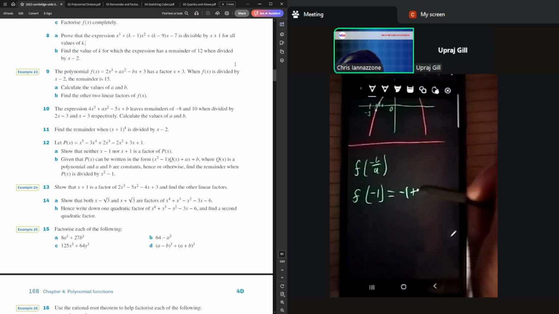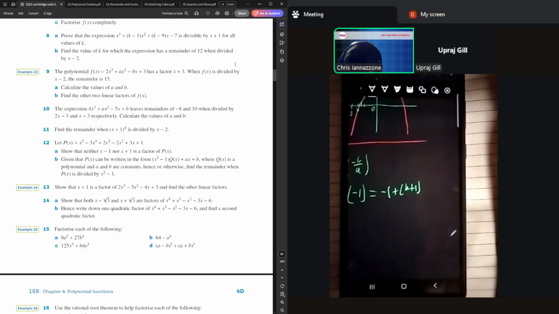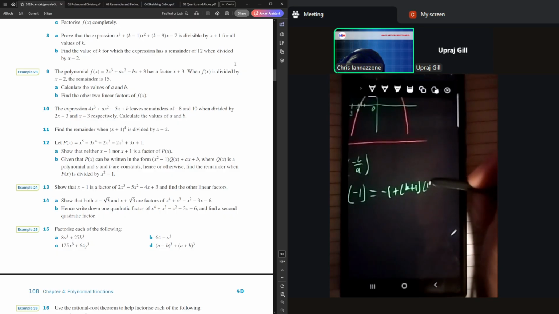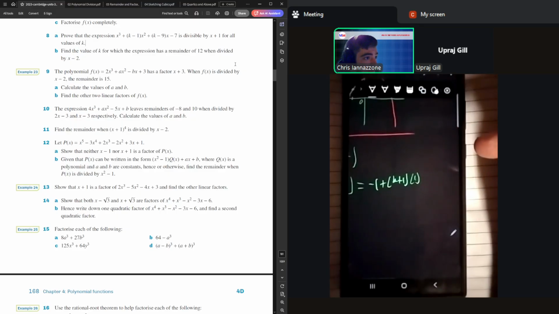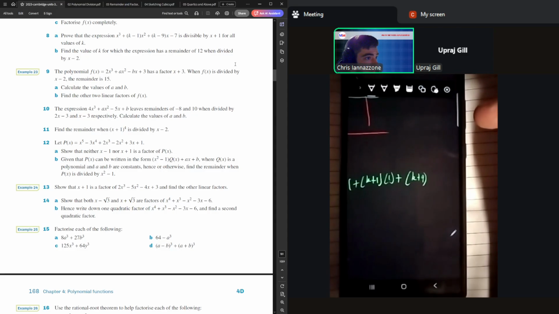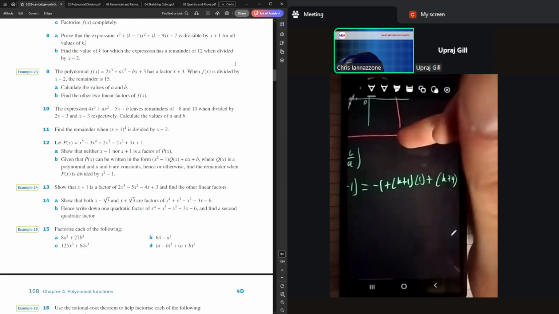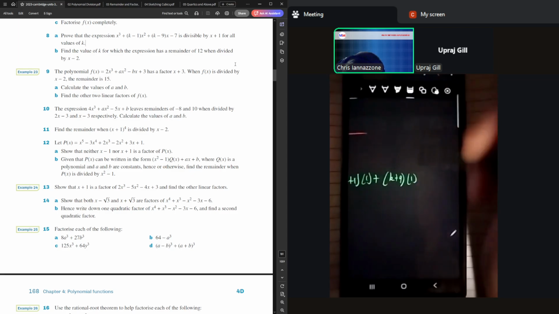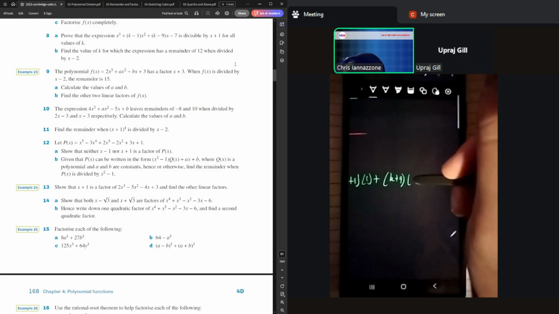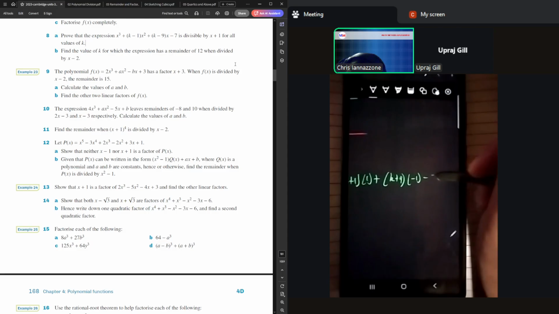Then we have k plus 1 multiplied by x squared, which is just 1. Then we have k plus 9 multiplied by x, which is of course just 1 once again. Oh, sorry, -1. Let's fix that. And -7 at the end.